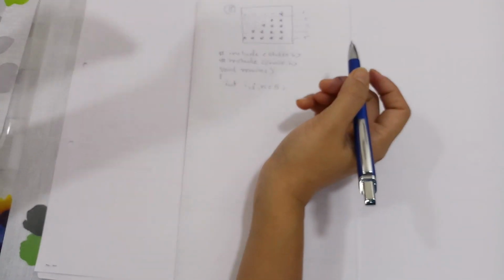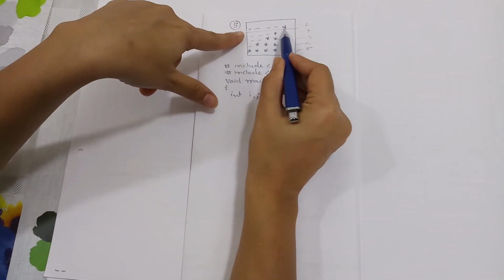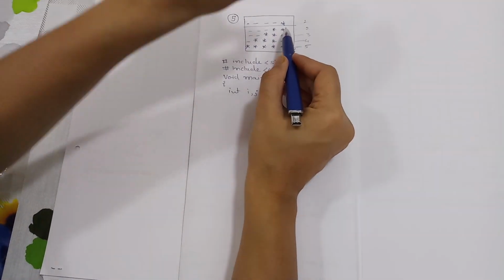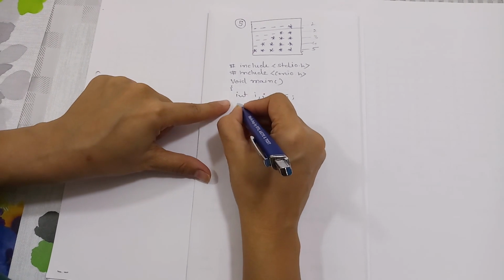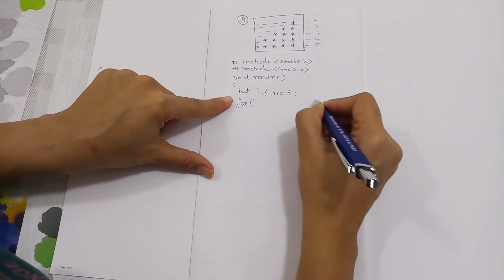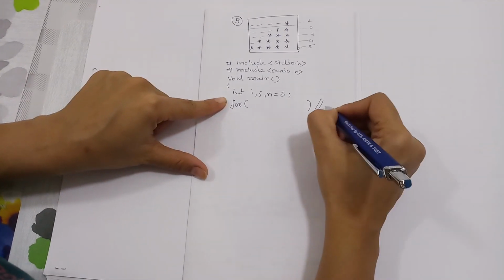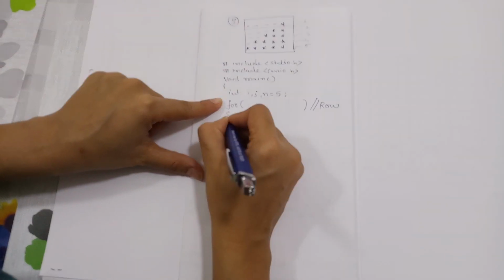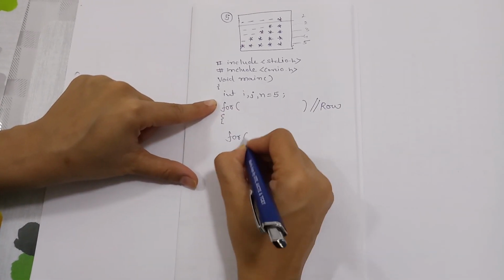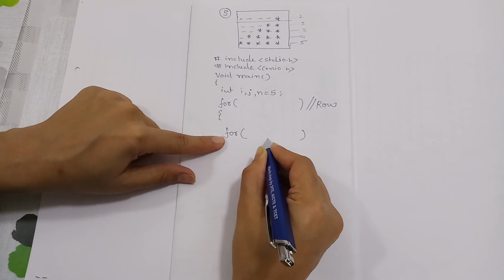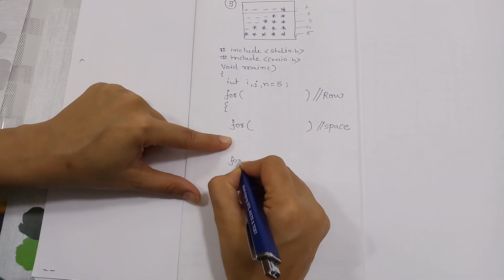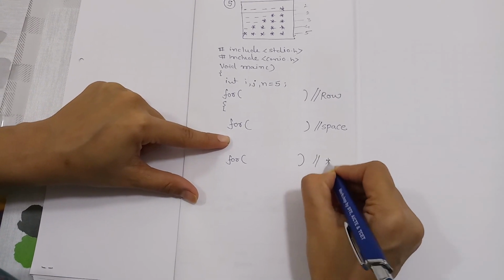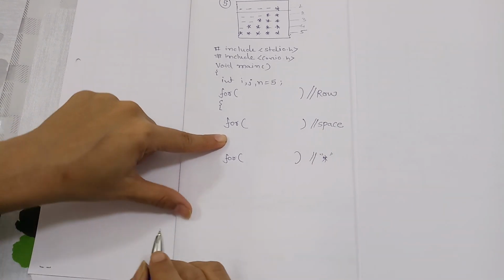So first you need to print, for each and every row, spaces and then asterisks. The number of spaces, then asterisks. So in your outer for loop, which is definitely for your row, we will be having 2 for loops. One is for spaces and the second for loop will be to print asterisks, right?